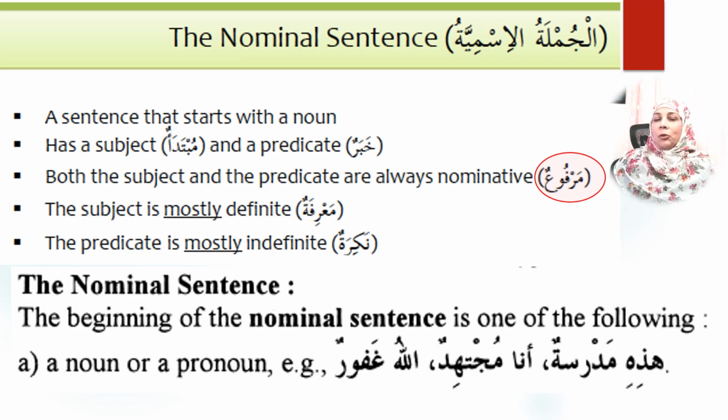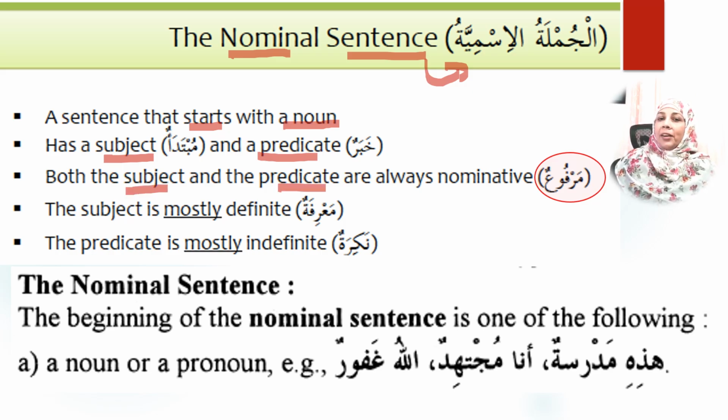Now let's review everything that we have been studying on the nominal sentence, called al-jumlatul ismiyatu. The nominal sentence starts with a noun. It has a subject, mubtada, and a predicate, khabar, which gives more news about the subject. Both the subject and the predicate are always nominative, in Arabic called marfu'un, as we have seen with the dhamma ending.